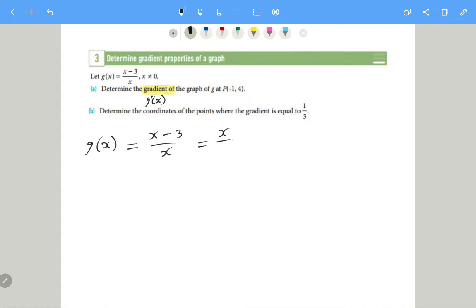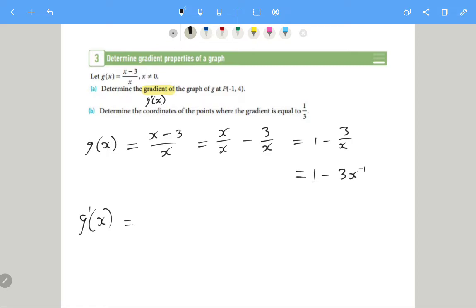So we get x on x minus 3 on x. The x on x cancels. We get 1 minus 3 on x, and 3 on x we would rather write as 3x to the minus 1. It's going to make our life easier when differentiating. Therefore, g'(x) means bring the minus 1 down.